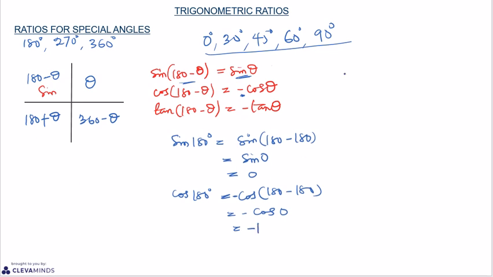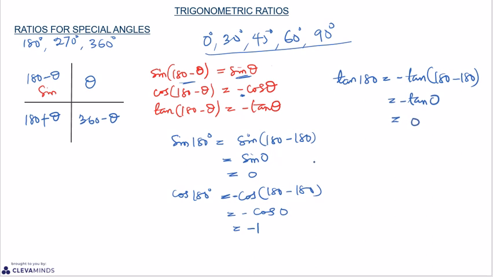Let's come to tan 180. Tan 180 is the same as negative tan of 180 minus 180, and that gives us negative tan 0. If you remember, tan 0 is 0. So negative tan 0 is 0, and that means tan 180 is 0.